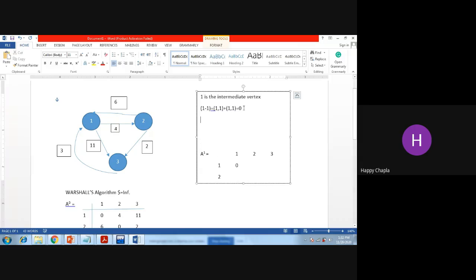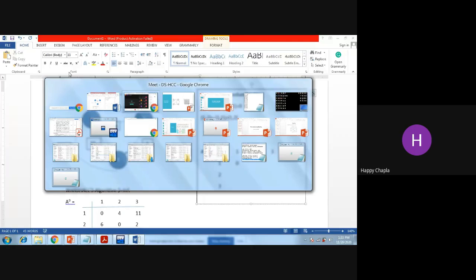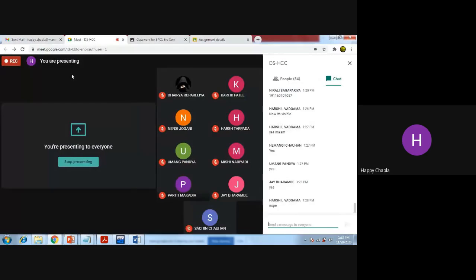Now second, I want to find the path from 1 to 2, but 1 should be the intermediate node. So first you need to find the path from 1 to 1 plus 1 to 2. Am I clear with this? No?